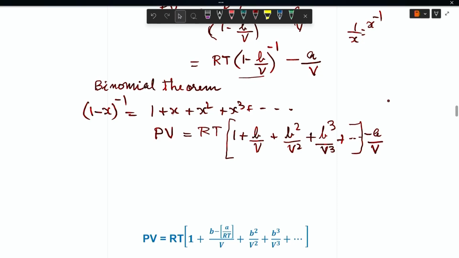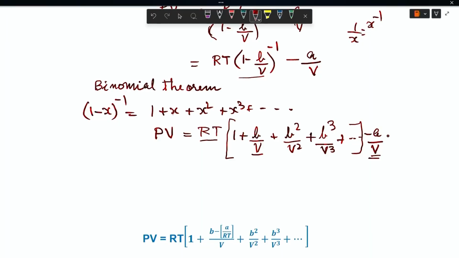Now, since this is the only term that is remaining outside, and this is divided by V, and here we have one more term divided by V, I am going to club it with this, I am going to take this inside. To take it inside, here we have a common factor RT, and this term does not have a common factor RT. So, I will have to multiply RT in the numerator as well as RT in the denominator.